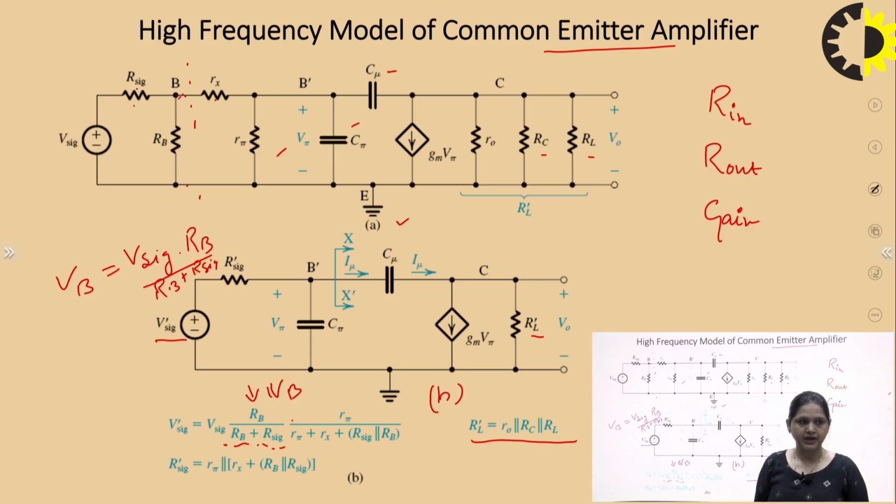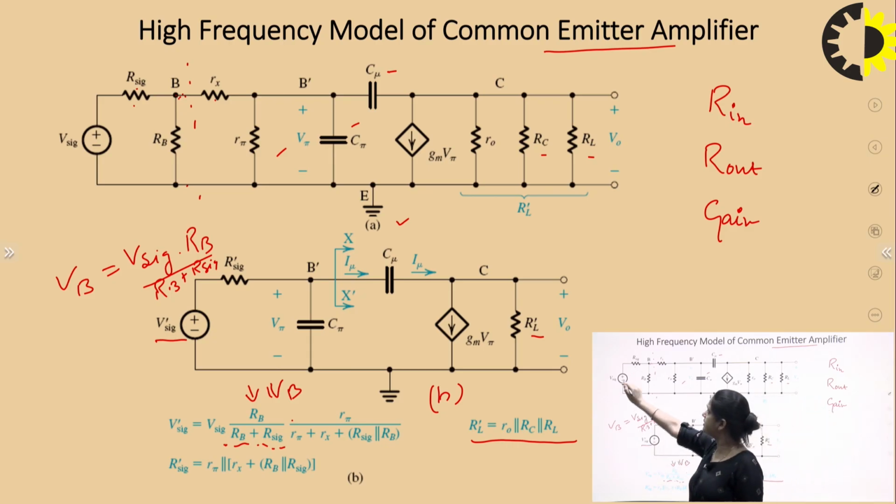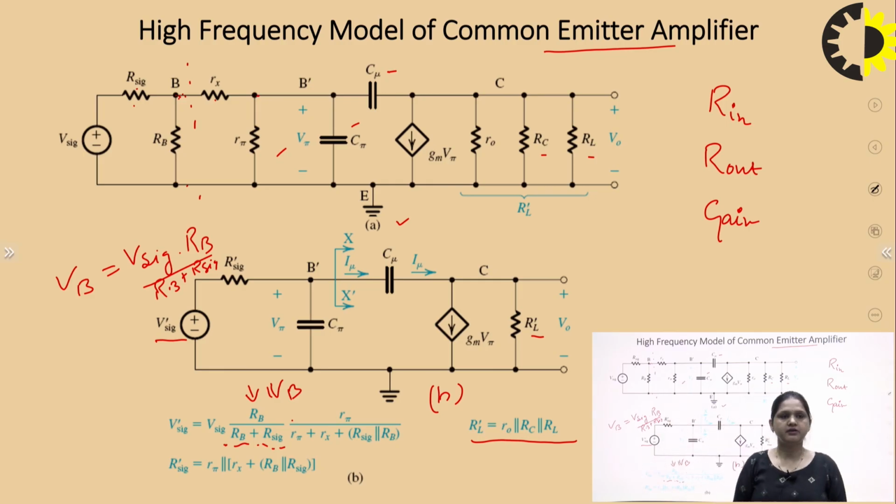First we apply voltage divider at this node. Then second we have applied voltage divider at this node. So by applying voltage divider 2 times, we can calculate V signal dash, and by calculating the resistance from the first voltage divider to the second voltage divider, we can calculate R signal dash.